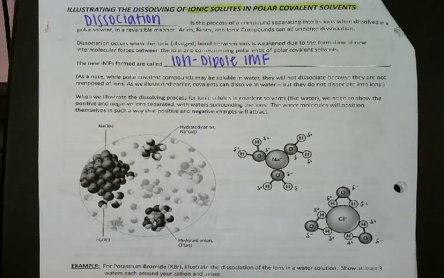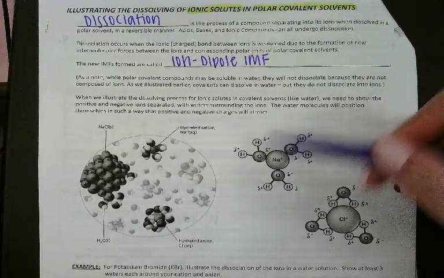That's what I just talked about. So, when we illustrate the dissolving process for ionic solutes in covalent solvents like water, we have to show the positive and negative ions separated with water surrounding the ions. The water molecules will position themselves in such a way that positive and negative charges will attract. So you can kind of see that right here. Okay.